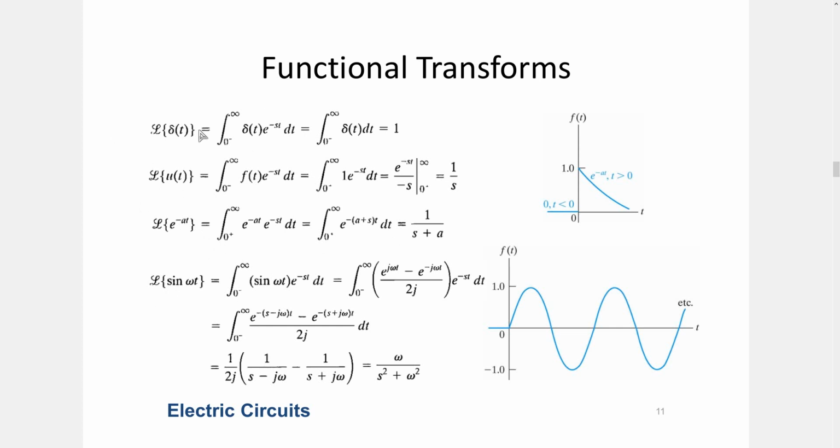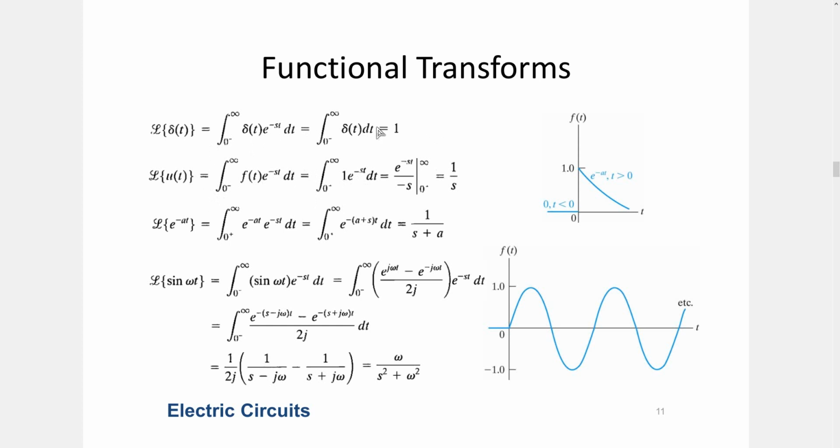All of these functions have Laplace transform equivalents available. You can derive them to learn, or as an exercise using your calculus skills, you can solve them and calculate these. However, most of the time, the important thing is understanding and knowing this equivalence.